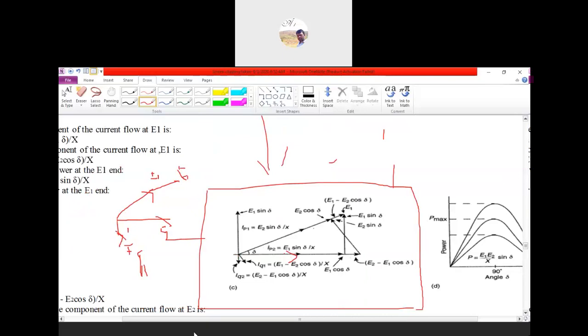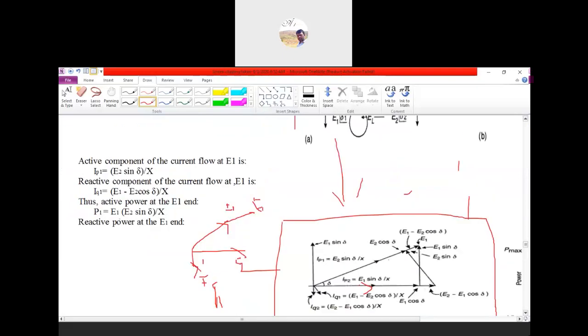Due to the high amount of power in this generator, the remaining power also flows to generator 2. So apart from generator to load, some amount of power also flows from generator 1 to generator 2.